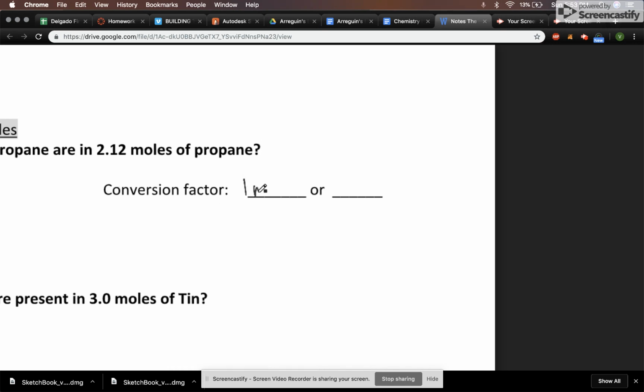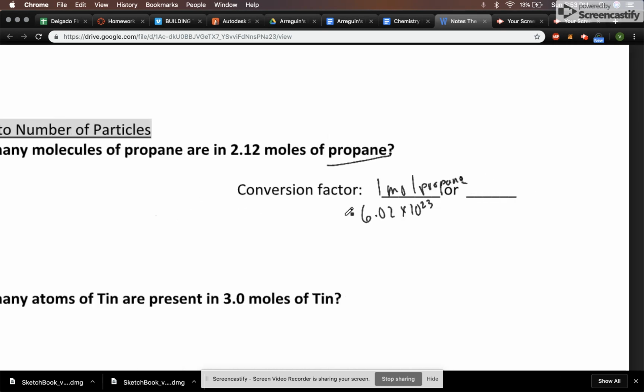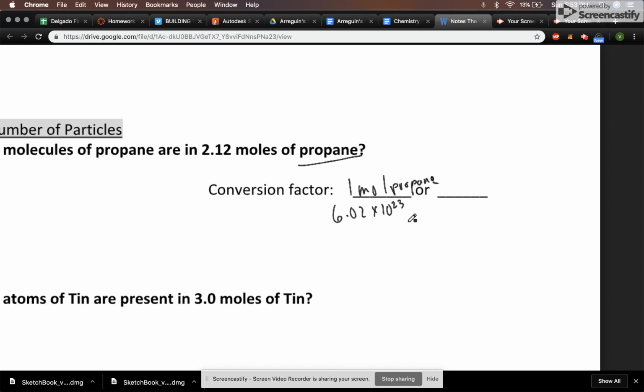Remember we have 1 mole of propane, since now we're in propane, is equivalent to 6.02 times 10 to the 23. In this case, the question statement is asking for molecules, so the units changed from atoms to molecules, molecules of propane.